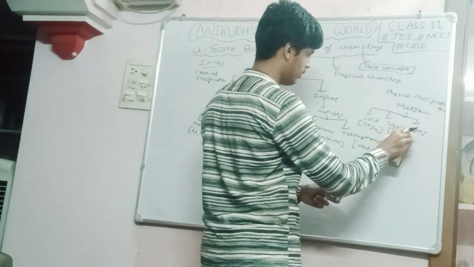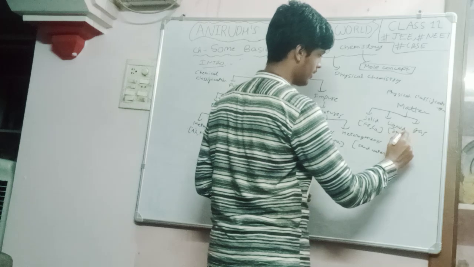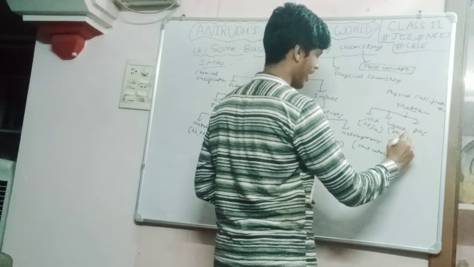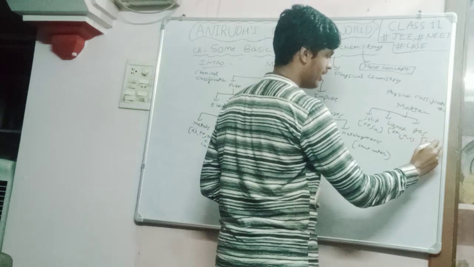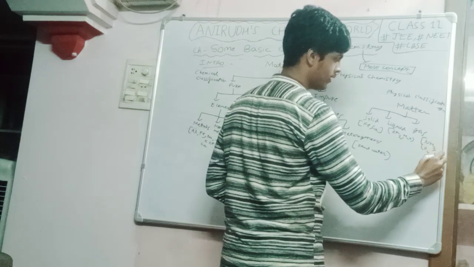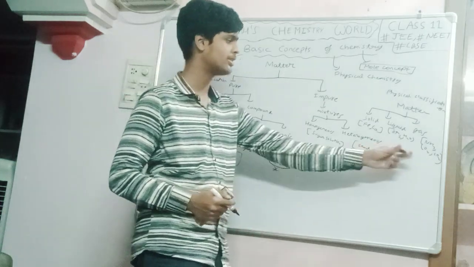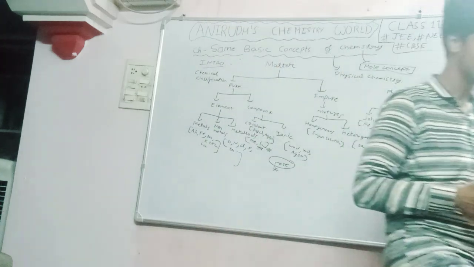You just note down. And water is also liquid. In gases, you will be having ammonia NH3, O2, oxygen which we inhale, and carbon dioxide which we exhale. You just note it down.